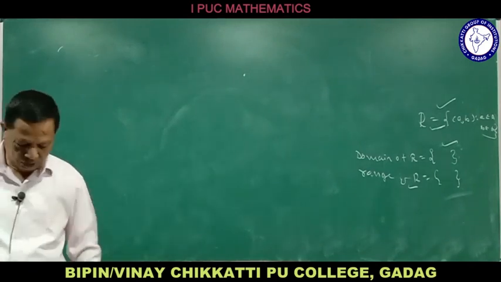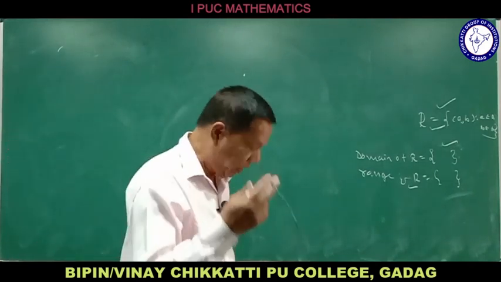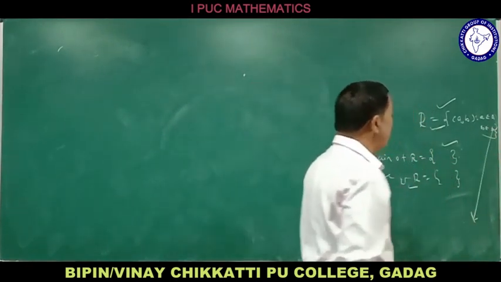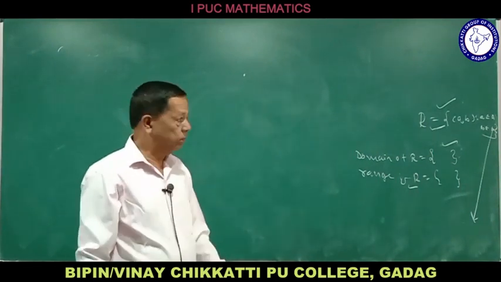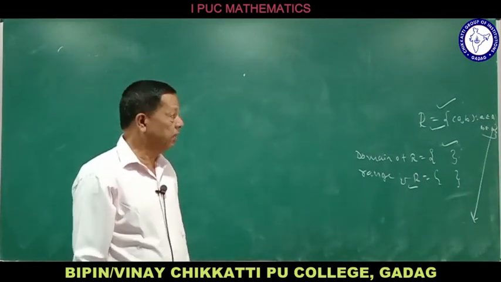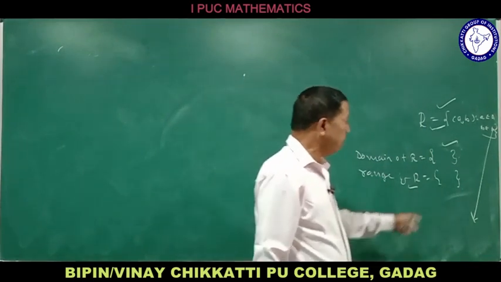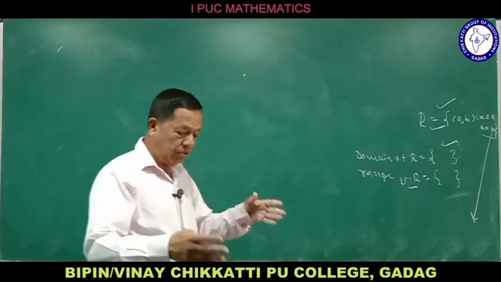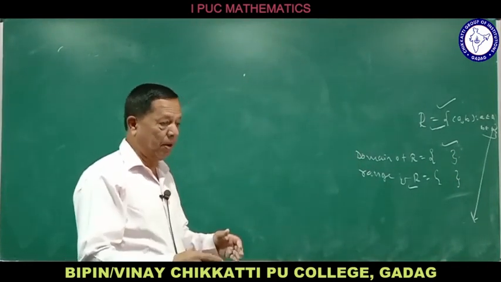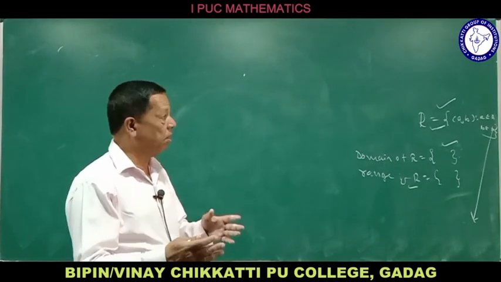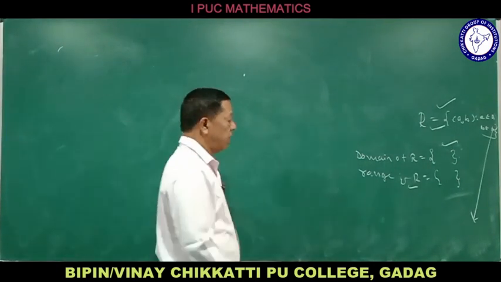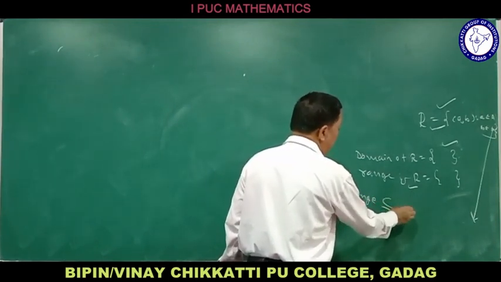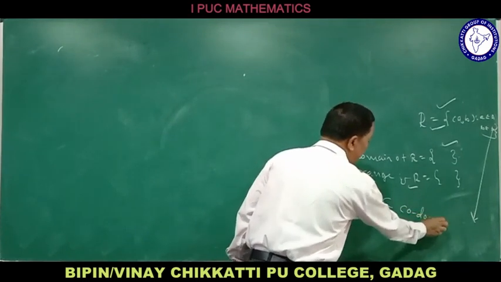And here we can say that when we have set A and set B, the whole set B is called the codomain. The whole set B is called the codomain, and the range is what? That is the second elements in the relation. The set of all second elements in the relation from set A to set B is called the range. And try to understand, range is always a subset of the codomain.